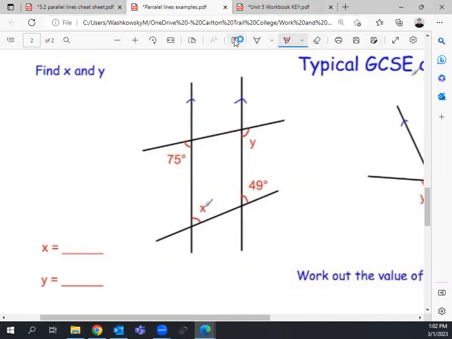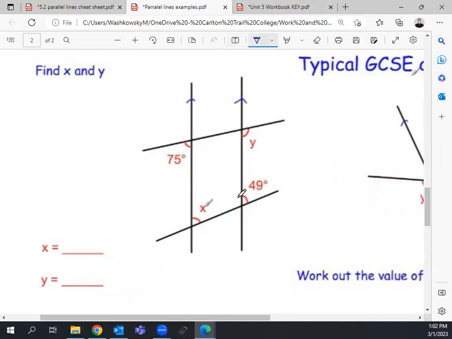What are our guesses for what X would be? Austin, what do you think angle X would be? So you're thinking it'd be 131?